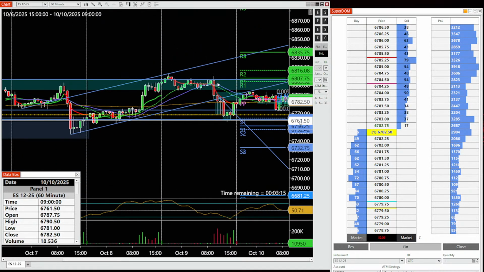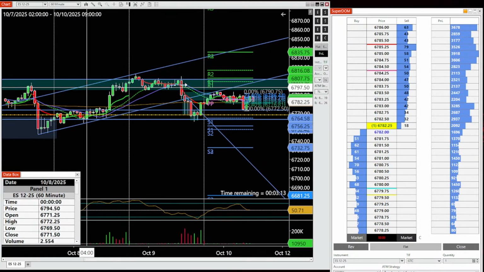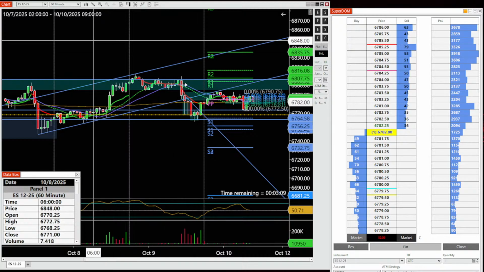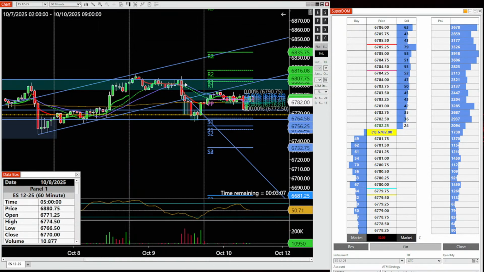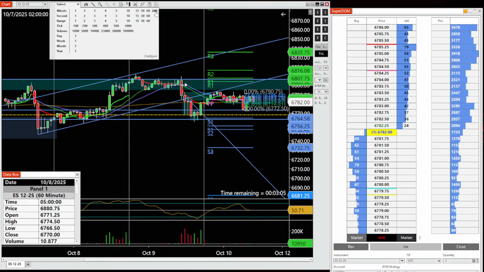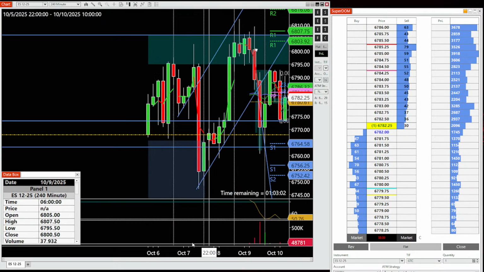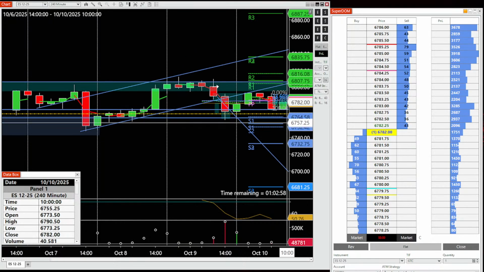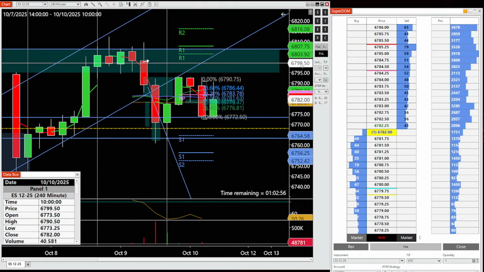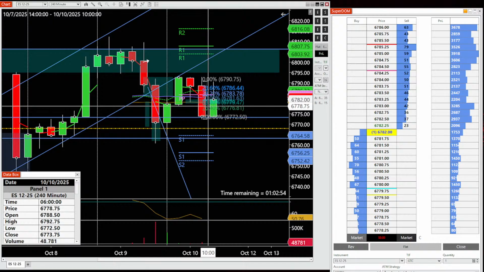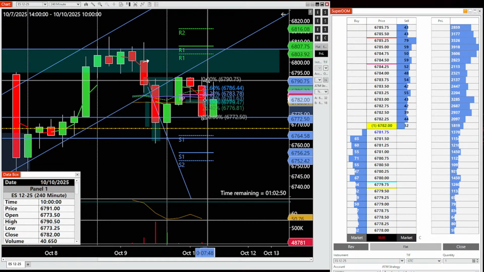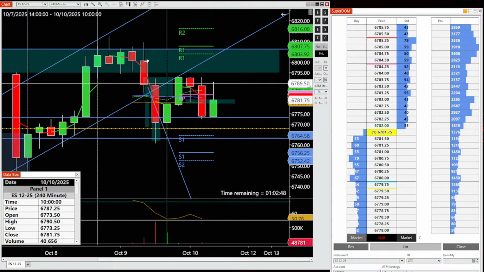So on the wider view, we had an uptrend that was happening on the 4 hour, on this 60 minute. I want to do 240. Let me take this off. Come on. There we go. So we can see what's happening.